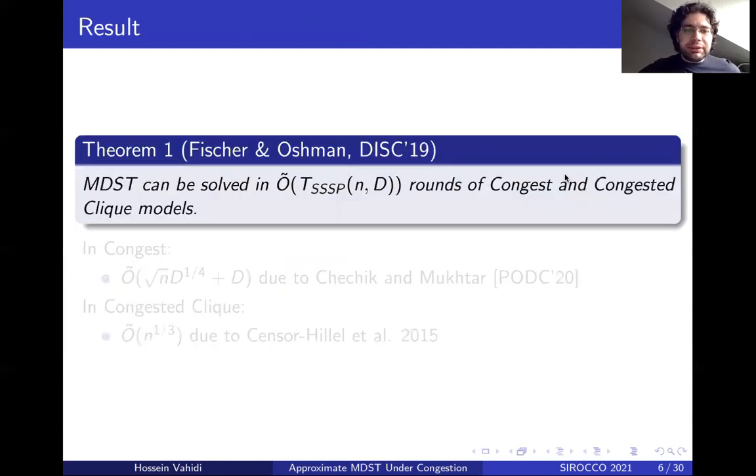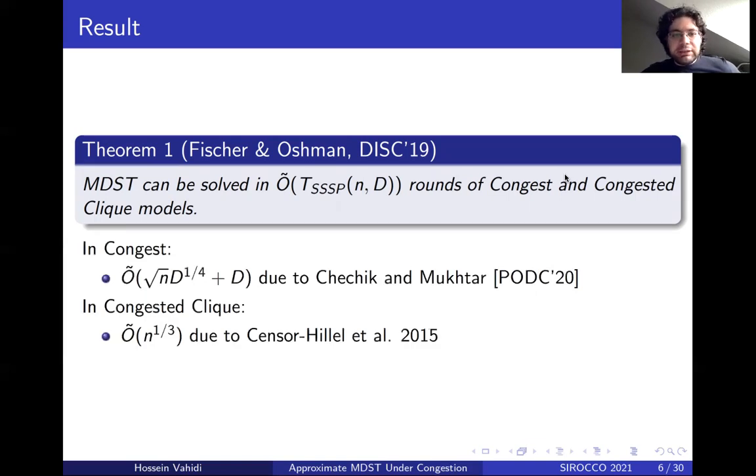Let me go into more detail about what Fischer and Oshman did. They basically reduced the problem to the single source shortest path problem and proved that MDST can be solved in soft O of the running time of a single source shortest path algorithm on a graph of n nodes and diameter d in both Congest and congested clique models, which means if we plug in the efficient single source shortest path algorithms, we get the following running times.